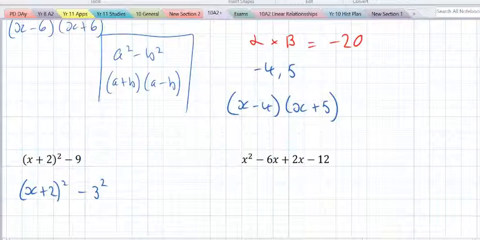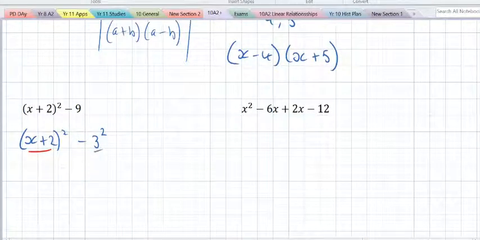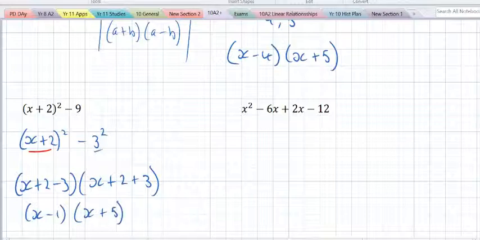This a from up here is there, and the b is there. So you do x plus 2 take 3, and x plus 2 plus 3. Perfect. Well done. Which simplifies to x take 1 and x plus 5.